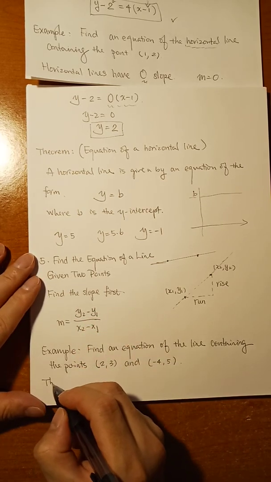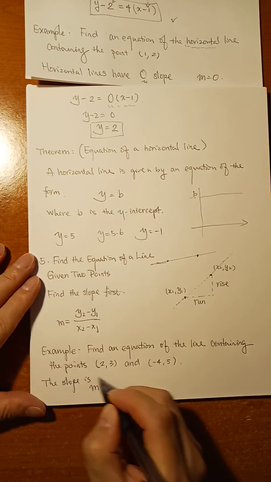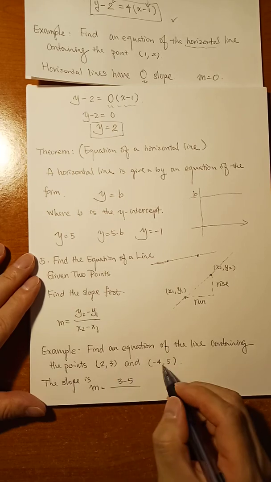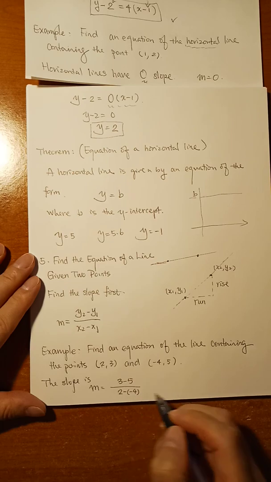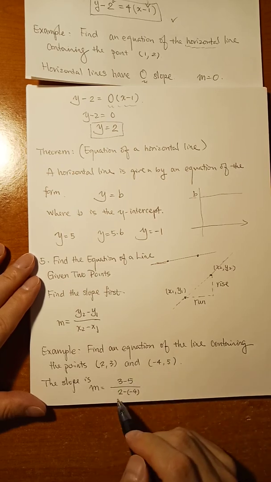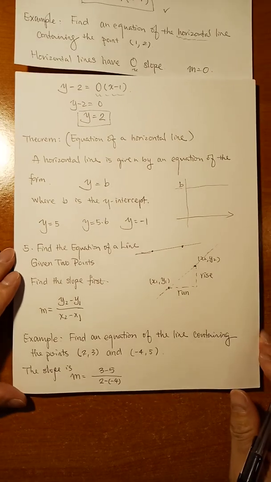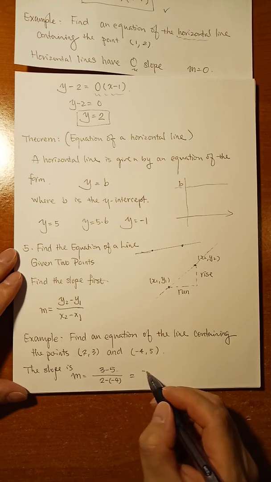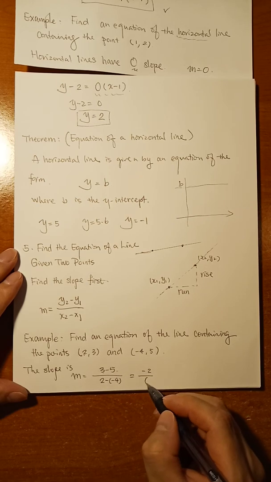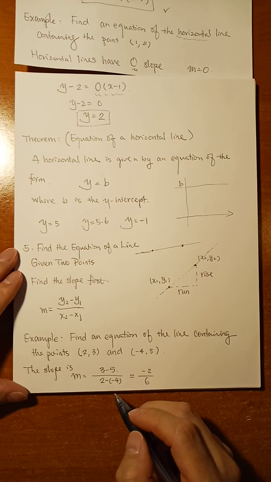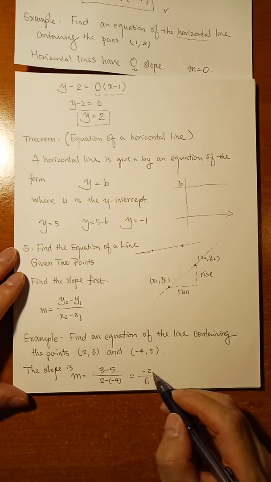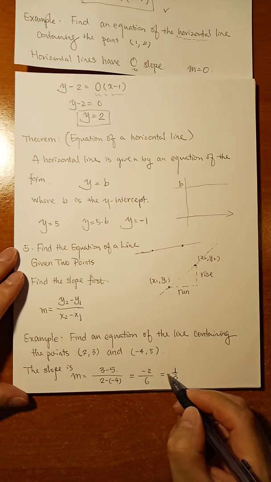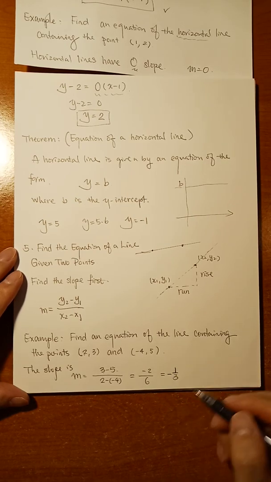The slope is m equal to y minus y, 3 minus 5, over x minus x, 2 minus -4. Okay, it's always subtraction. Remember, in the computation, the slope is always subtraction. y minus y, x minus x. 3 minus 5 is -2. 2 minus -4 is 2 plus 4, which is 6. So -2 over 6 is -1/3. This is the slope.